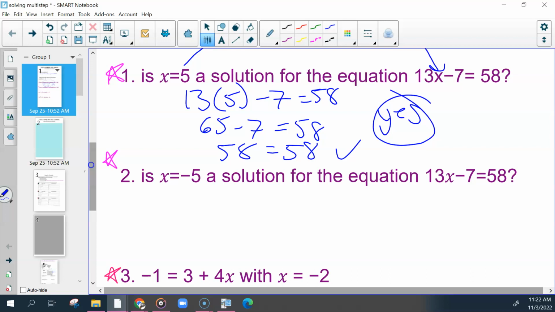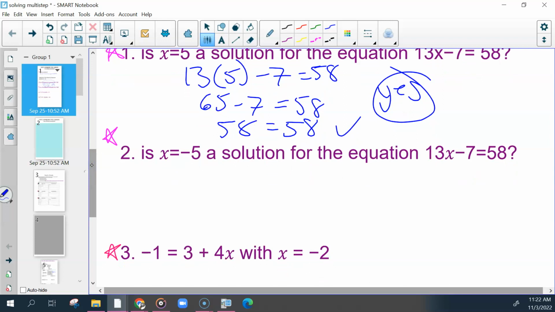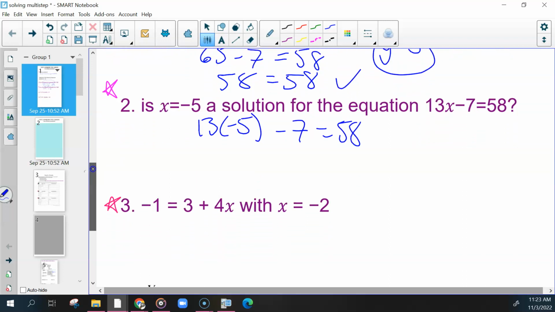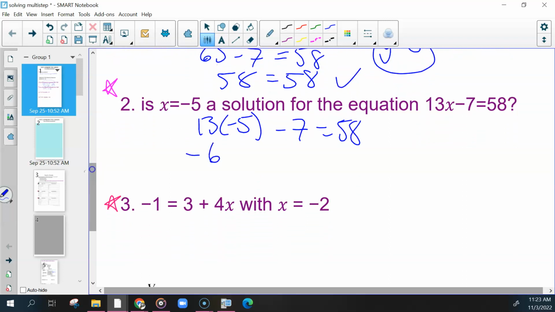Right, questions on that one? For this next one, we know that 5 is a solution, so negative 5 probably won't be a solution, but we're going to test it anyway. Here, this will give us a negative 65.